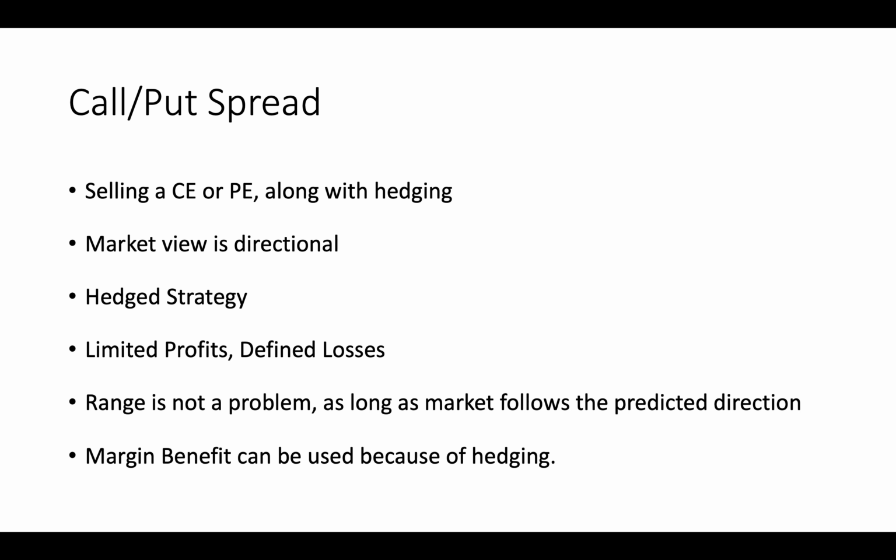So there is not going to be any chance that you're going to incur an unlimited loss. And again, as said, this strategy has limited profits and defined losses. The range is not a problem as long as the market follows the predicted direction, it's fine for us. And you can avail margin benefits in this because you are using hedging. So let's try to create and simulate this strategy in Opstra.